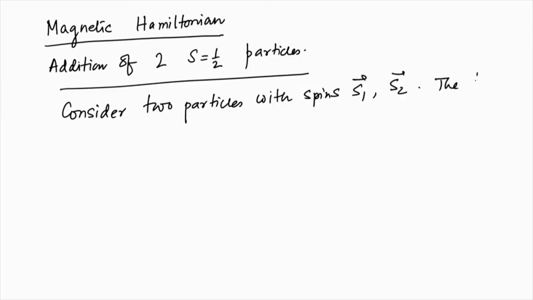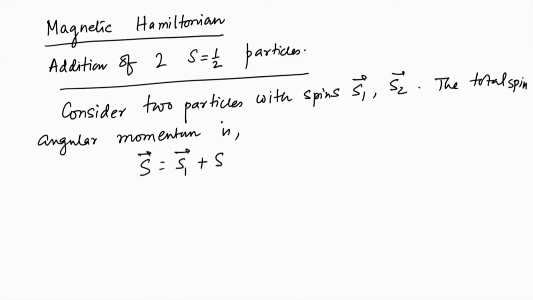The total angular momentum, what I mean by that is the total spin angular momentum, is S equal to S1 plus S2, where S1 and S2 are the spin vectors for the two particles that we are considering. So, just to remind you that both are spin half.